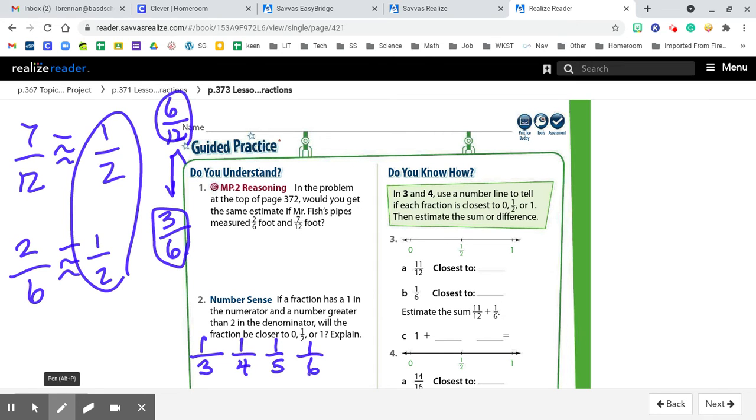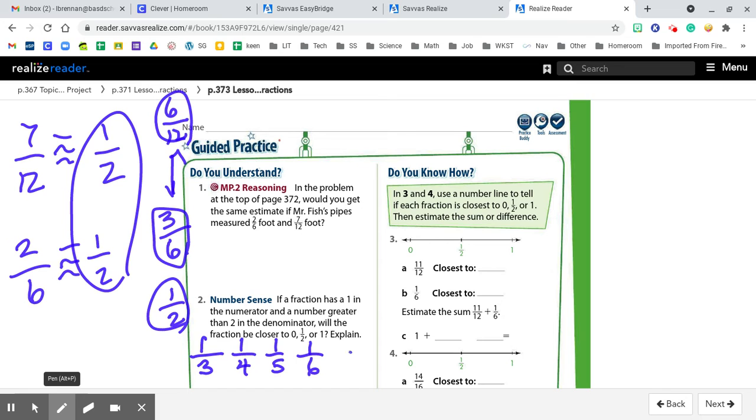Would it be closer to a 0, a half, or a 1? Anytime you have a 1 in the numerator, 1/2 is the exception, because obviously 1/2 is a half.